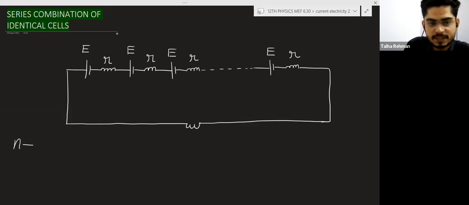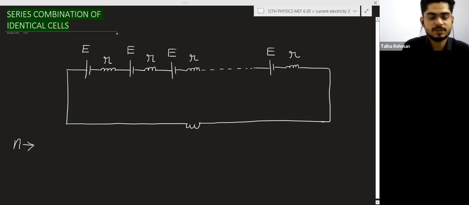Small n is the number of cells connected in series.